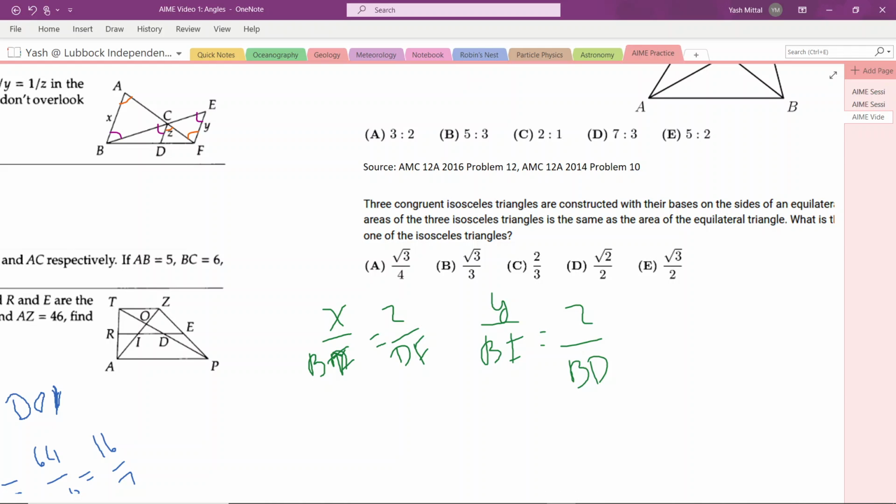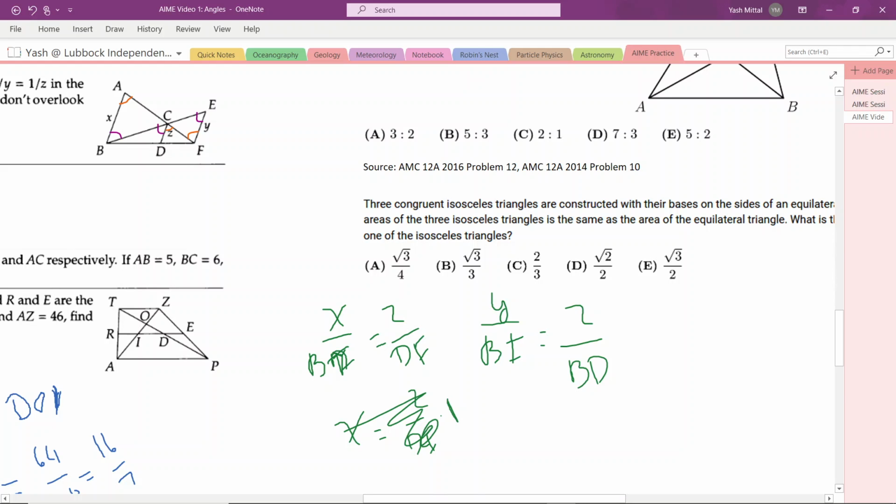I have x is equal to z over DF times BF, or sorry, I have XC, I think. Sorry, I'm trying to figure this out really quickly. Sorry about that, guys. I'm trying to do quick maths, essentially.